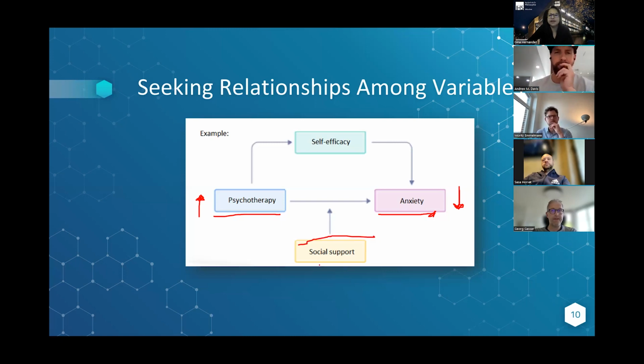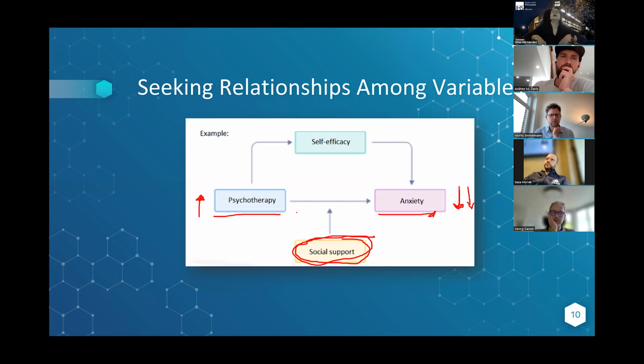Maybe some people have a big network and a lot of people are helping them, and this is why the anxiety is being reduced. So this could be, for example, a moderator variable. It is changing the strength of the effect that you are observing. However, it doesn't explain why going into psychotherapy could actually reduce the levels of anxiety.